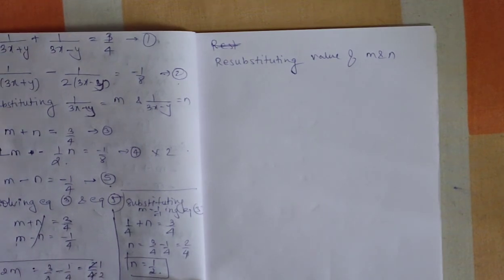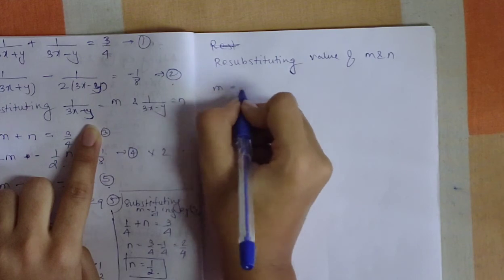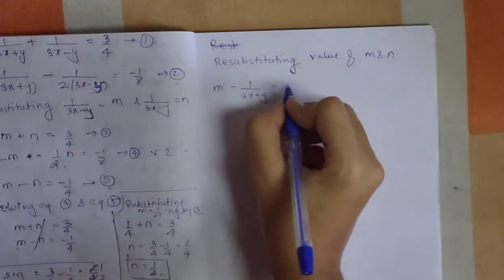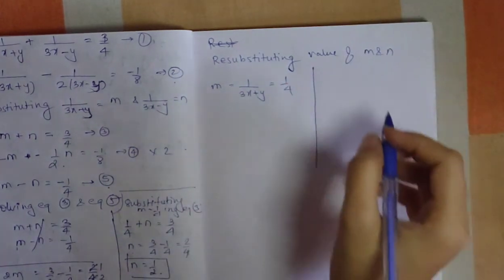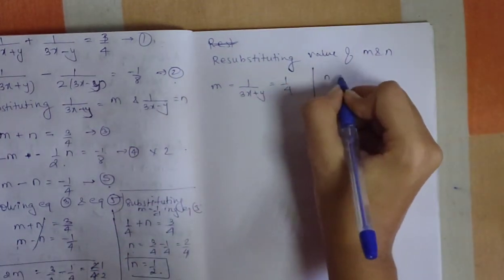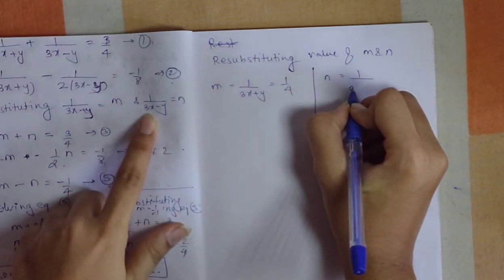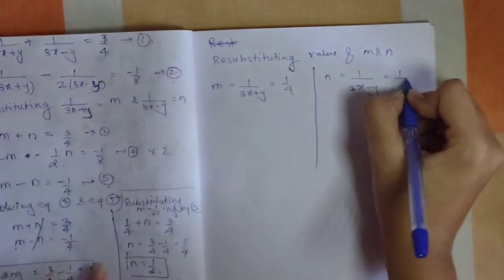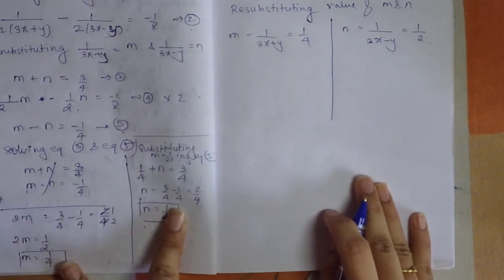So what is your value of m? m is equal to 1 by 3x plus y is equal to what? 1 by 4. And we'll also do the n part simultaneously. n is equal to 1 by 3x minus y is equal to 1 by 2. Fine. 1 by 4 and 1 by 2.